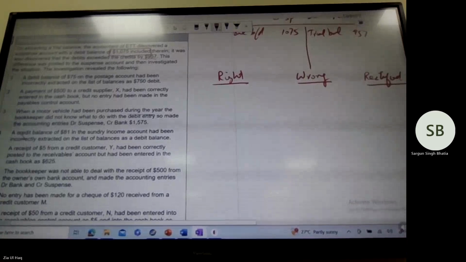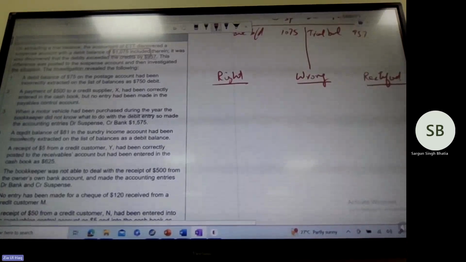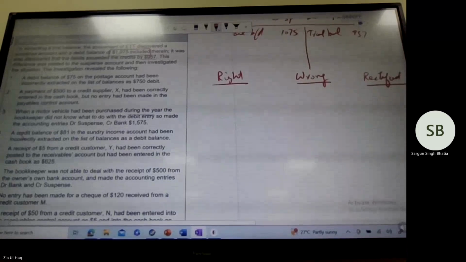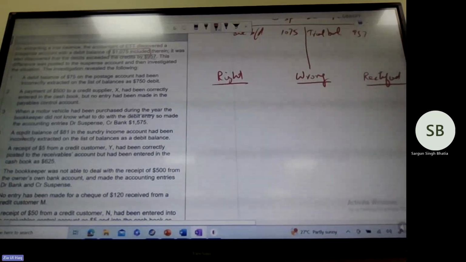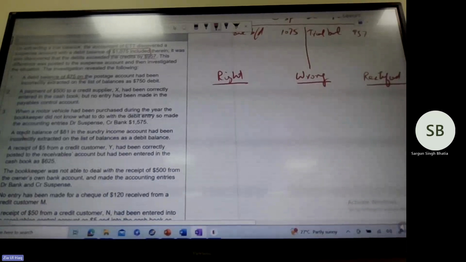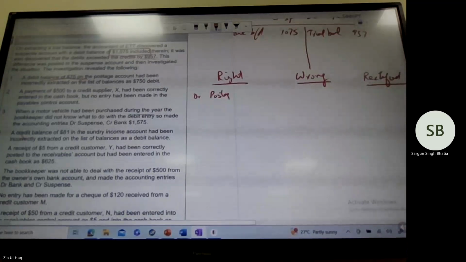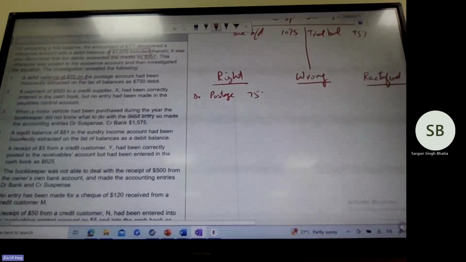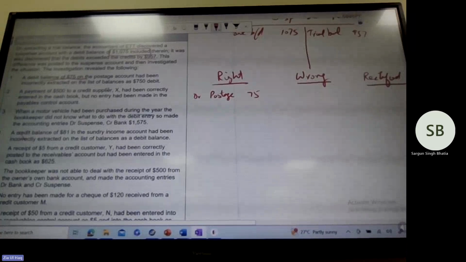Number 1: a debit balance of 75 on the postage account. There should be a debit to postage expense of 75, but it had been incorrectly extracted in the list of balances as 750 debit.